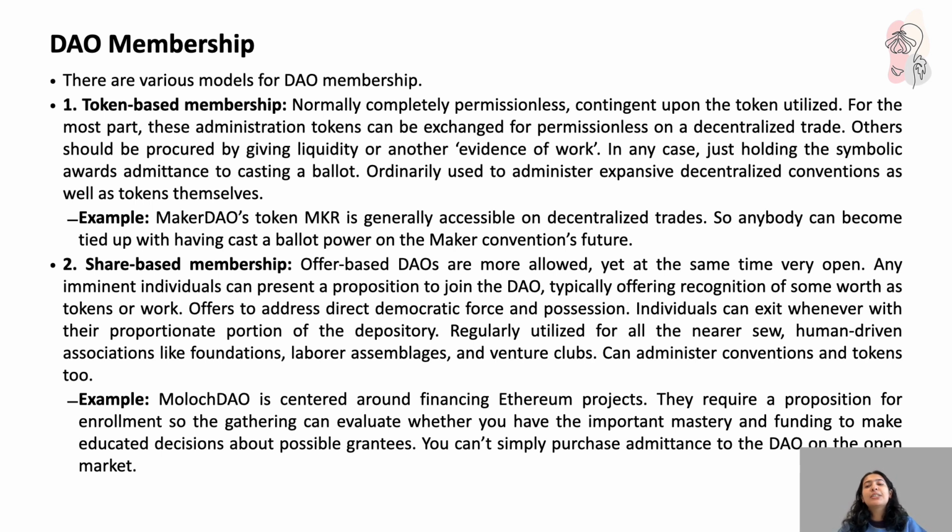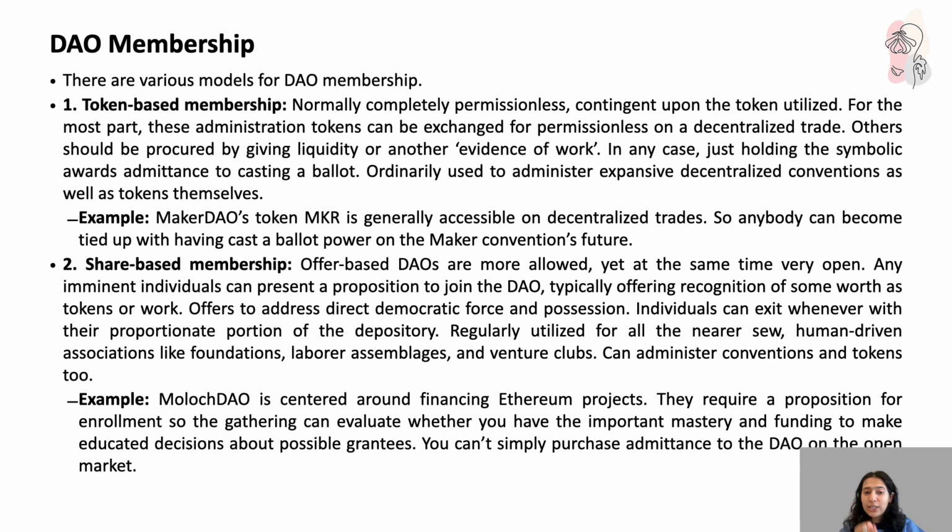A great example for this is MolochDAO. It funds Ethereum ecosystem projects, but you can't just buy your way in. It's not a token that you can just buy and get into the governance. No, you need to submit a proposal, and the members evaluate whether you have the expertise and funding to make educated decisions about possible grants and about the possible grantees.